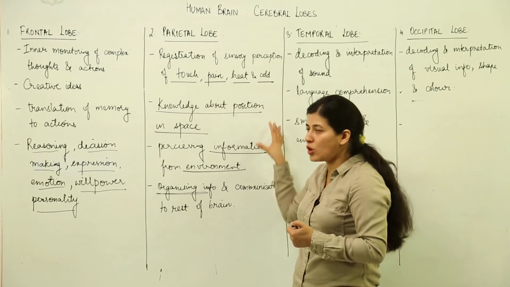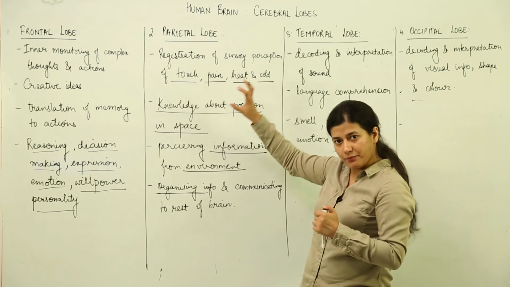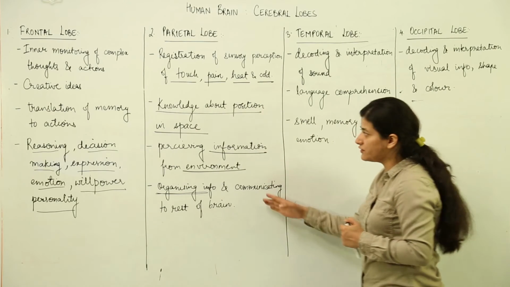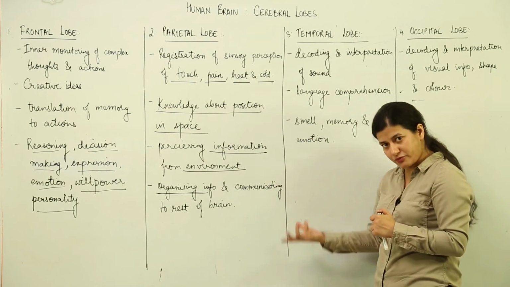So the parietal lobe is important for perception and registration of sensory reception, which is touch, pain, heat and cold, and the rest of the things we talk about have an important role in environmental perception only.